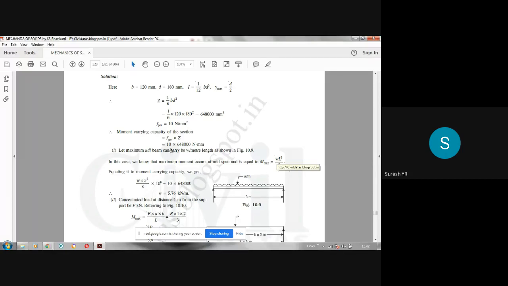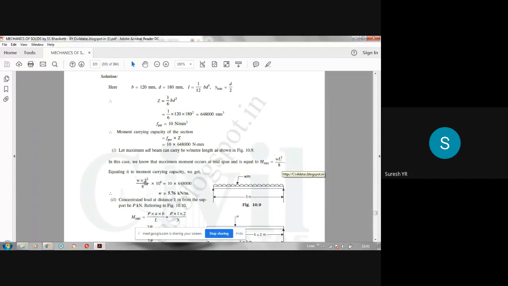Units are very important. See here, 10 into 648,000 Newton mm, we have to equate this to WL square by 8. Here, W is unknown. L you can take as 3000, so instead of 3 meters, you take 3000 mm.